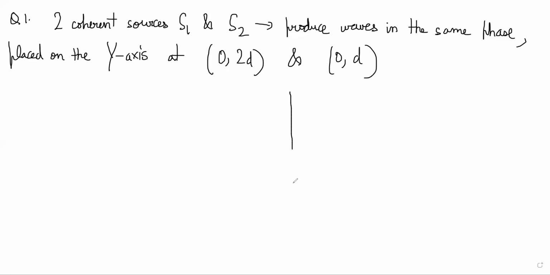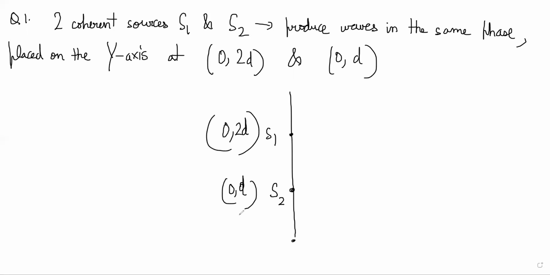So basically you have the y-axis here. One source is S2 and one source is S1, and this is (0, D) and this is (0, 2D). A detector is placed at the origin, and there is a detector here which can move along the x-axis. The detector can move this way.